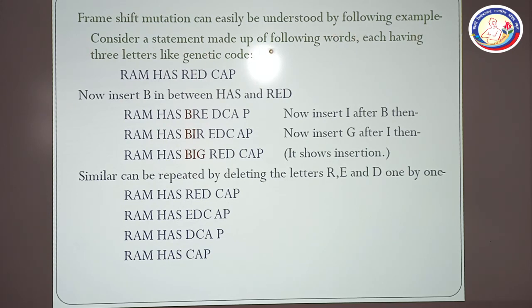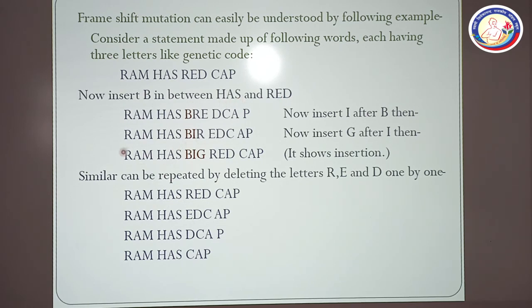Consider a statement made up of words, each having three letters, like the genetic code. Ram has red cap. You can see each word is made of three alphabets. Now insert B in between has and red.